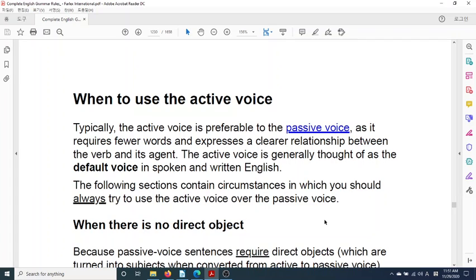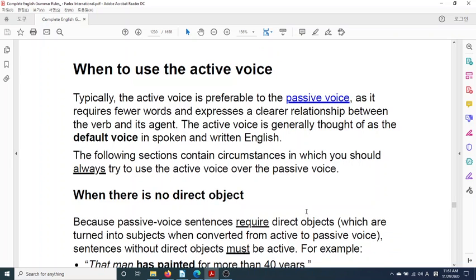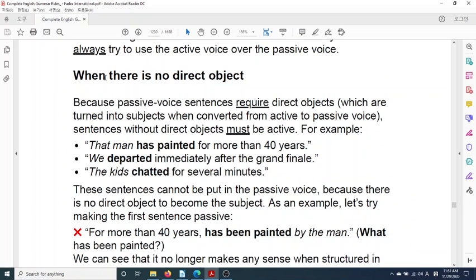The following section contains circumstances in which you should always try to use the active voice over the passive one. When there is no direct object, so like in the case of she sings well. Because passive voice sentences require direct objects, because the direct object is also the subject of the sentence.